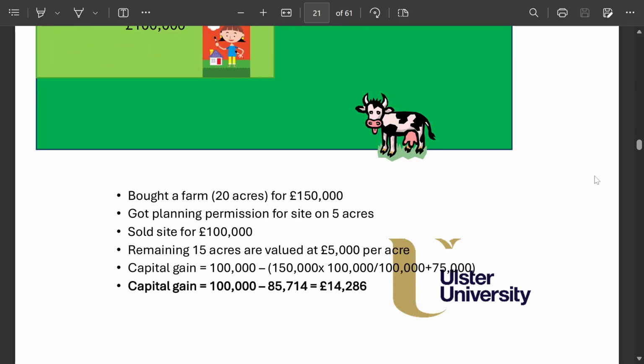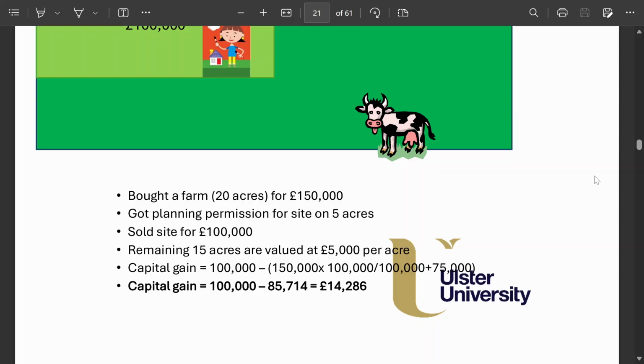Then you do some development on 5 acres. The land is 20 acres, so you take 5 acres. So don't get confused here by the 5 acres and 20 acres. Don't take 5 by 20, 25%, and don't take 25% of the cost of 150,000. No, that's not the cost.